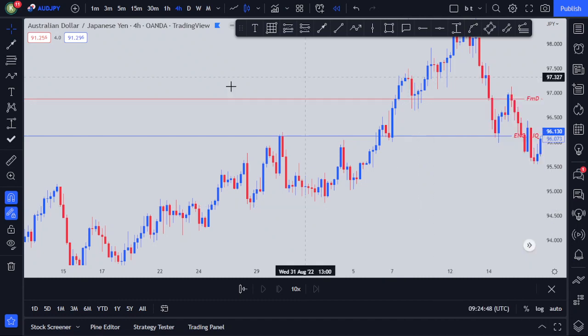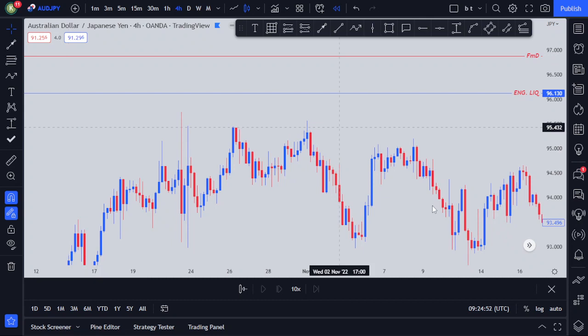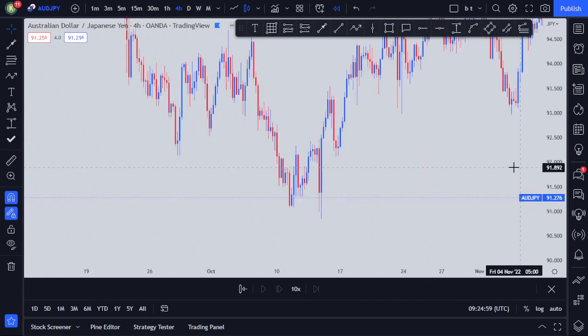Maybe there are other reasons why it couldn't drop for much, but at least it got respected. Now our purpose is to know what engineer liquidity is, not whether it got respected or not.